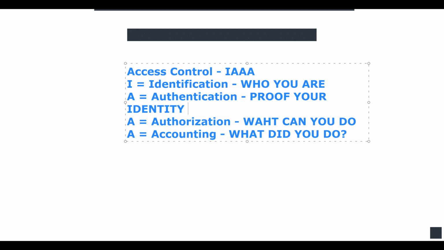They split it into two areas, because in identification it may be a person, it may be a process, it may be an application, whatever. Then you have to prove your identity. Okay, is it clear? Good.